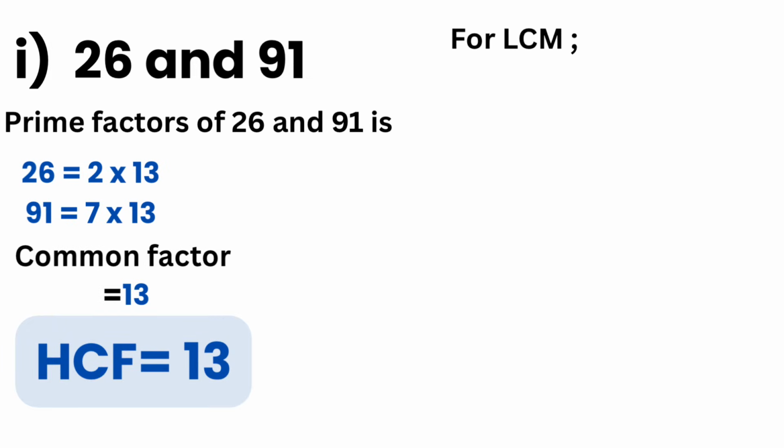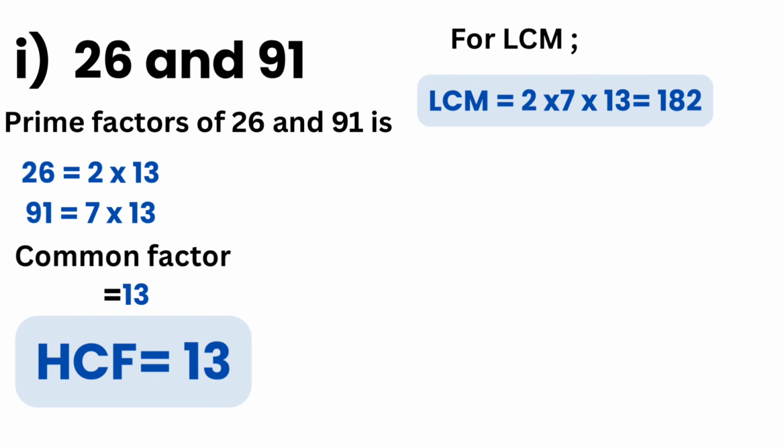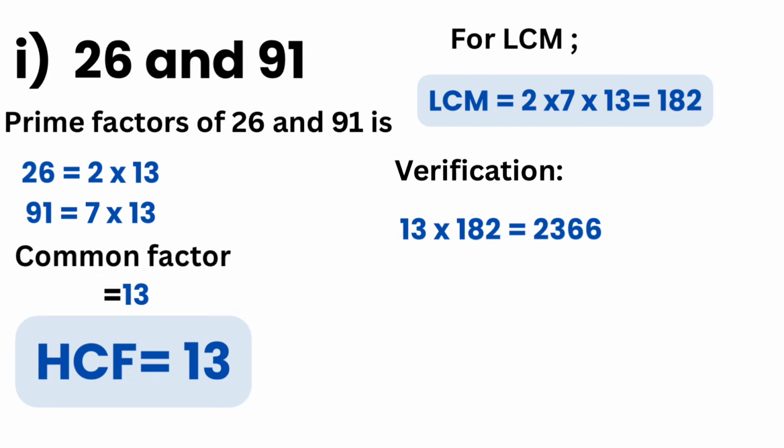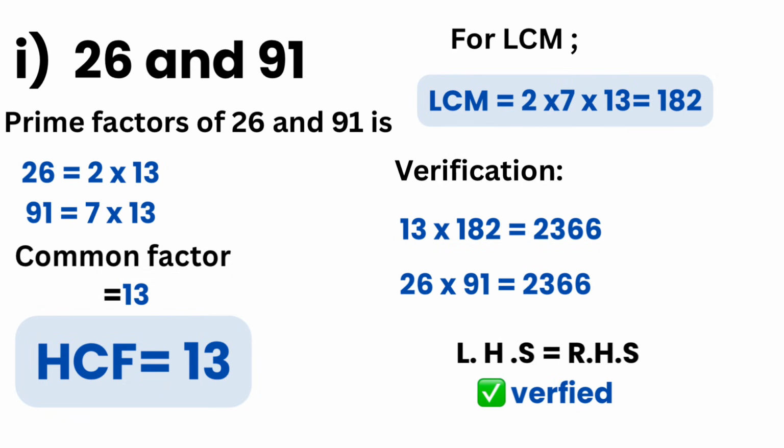For LCM, we take every prime number with its greatest power. So the LCM would be 182. Now let's verify it. 13 into 182 is 2366 and 26 multiplied by 91 is also 2366. Therefore, the relationship is verified.